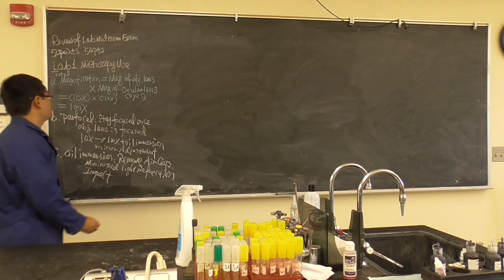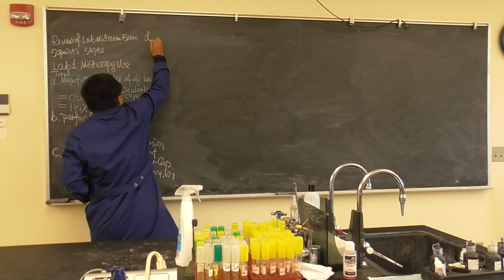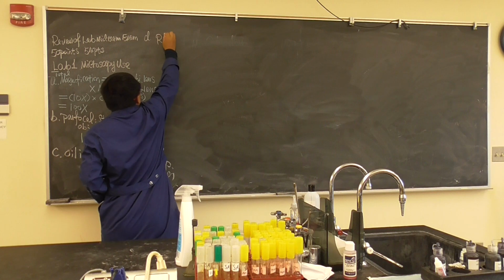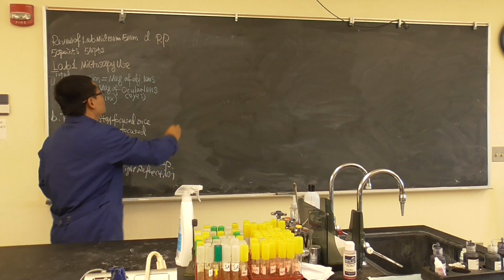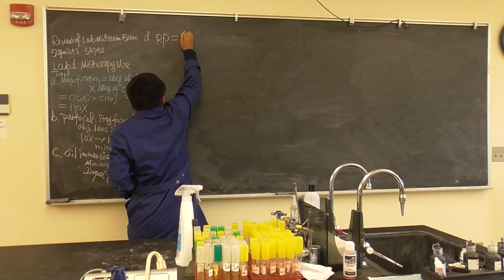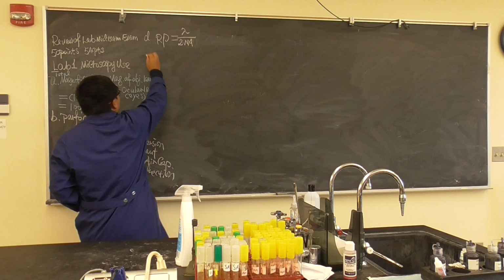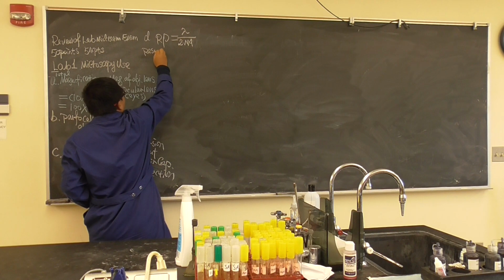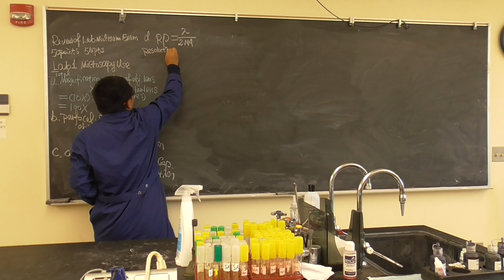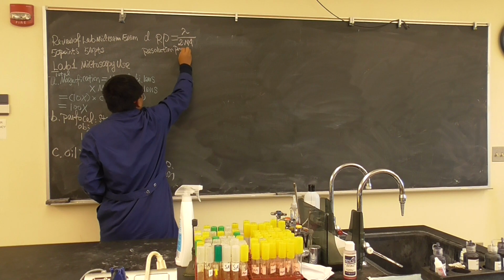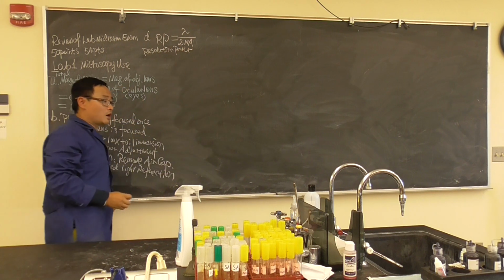Okay, then we also talk about the resolution power, the calculation. If you still remember, it is lambda divided by 2 NA. What is RP? It's called the resolution power.